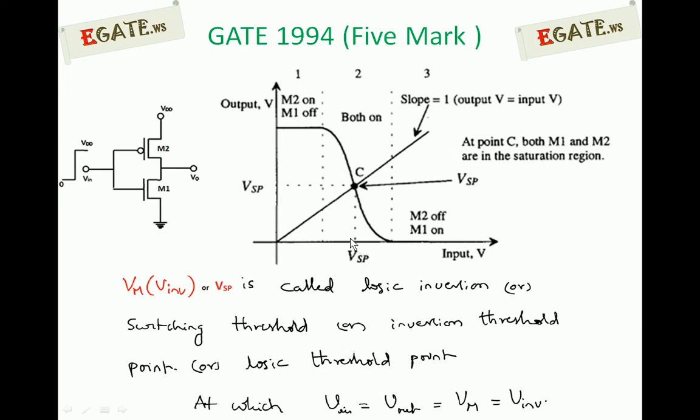If the input voltage is below VSP, your output voltage will be above VSP. If the input voltage is above VSP, your output voltage will be below VSP, so this is the point where the transition takes place. If you apply a voltage lower than this as input, you get a voltage higher than this as output, and vice versa.